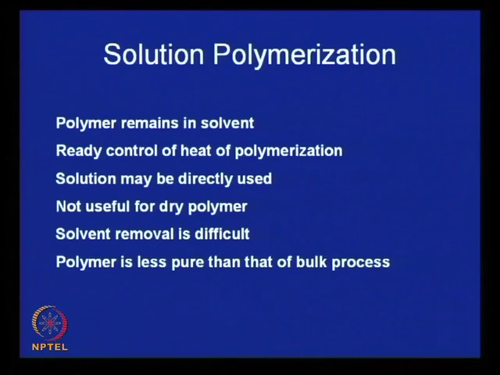Here the heat transfer problem is solved, which is a difficult situation in bulk polymerization. In this case, the heat transfer problem is solved, and the viscosity problem is managed because it is a low viscous system.